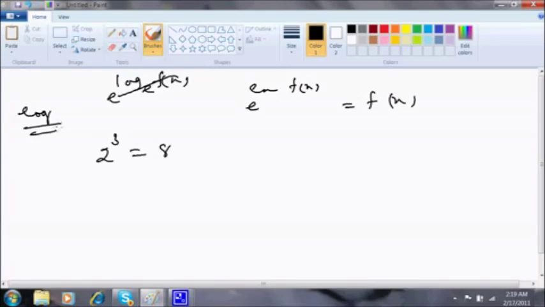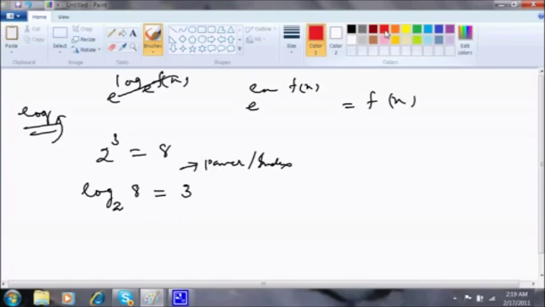But if you try to write this differently, logarithmically, this means log of 8 to base 2 is 3. After the equal sign, whatever is remaining is always the power or index.